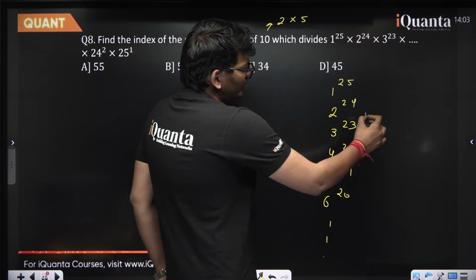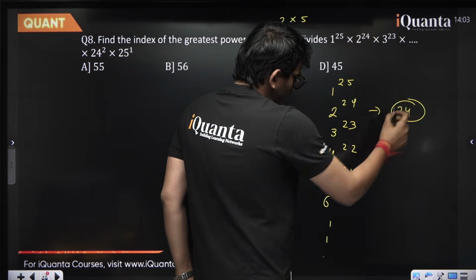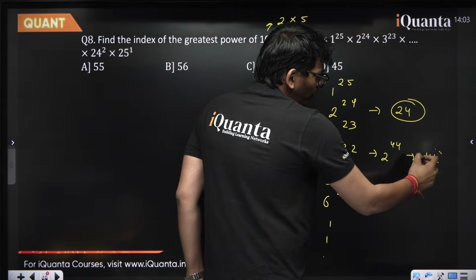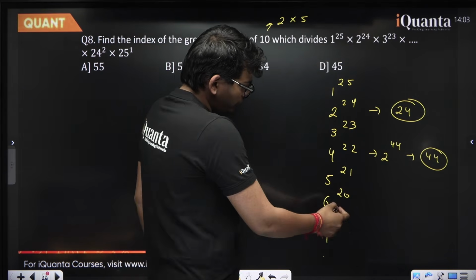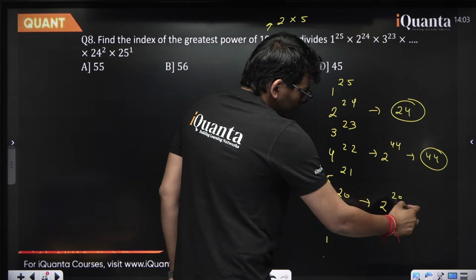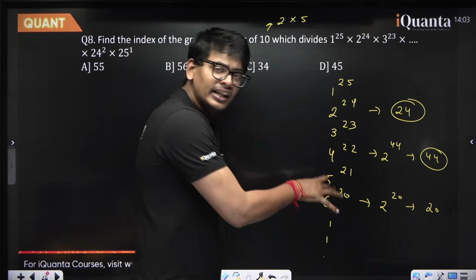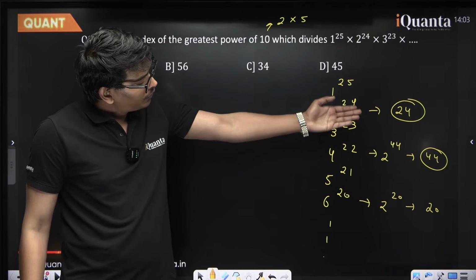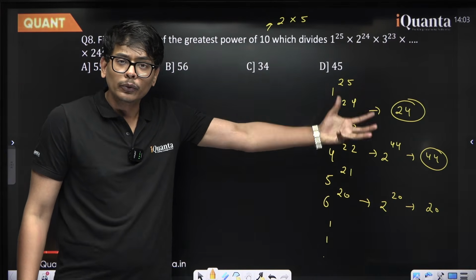You can see here the number of 2's is 24. This is basically 2 raised to the power 44. So the number of 2's will be 44. Here also the number of 2's will be there. So till now we are getting the number of 2's as 44 plus 24 plus 20.